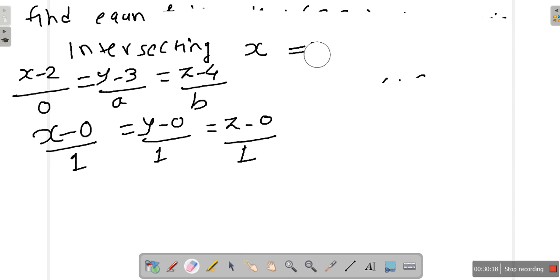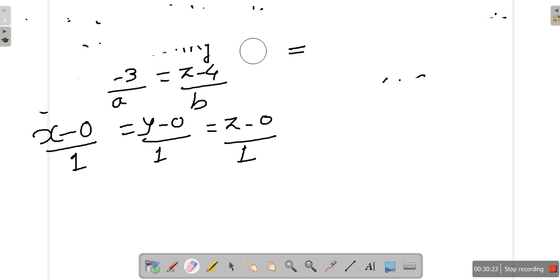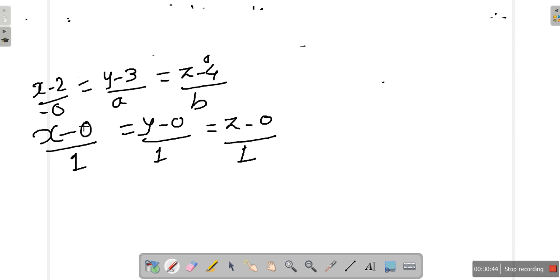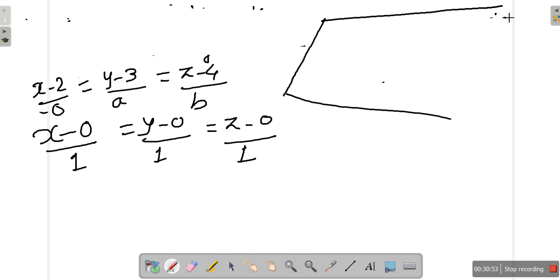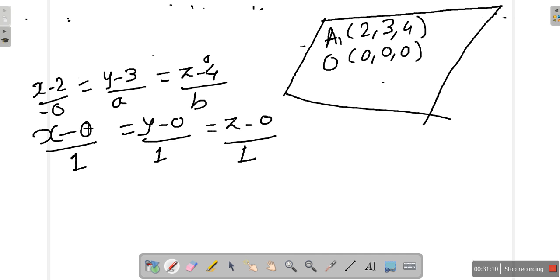Let me draw the situation for you. In this plane we have these two lines, so there is a point (2, 3, 4), say A1, there is another point (0, 0, 0), there is a vector (0, a, b), and there is another vector (1, 1, 1).